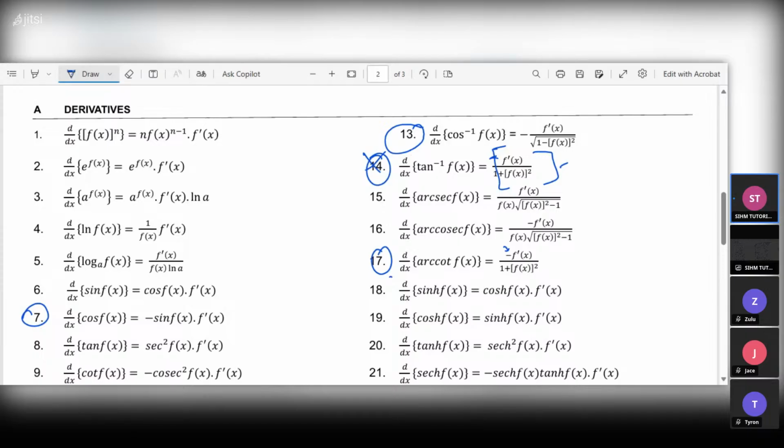To make this easier, let's square this function on the side. When we square this, we have b plus a cos x all squared, over a plus b cos x all squared.